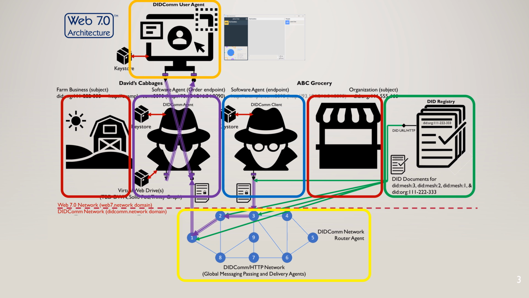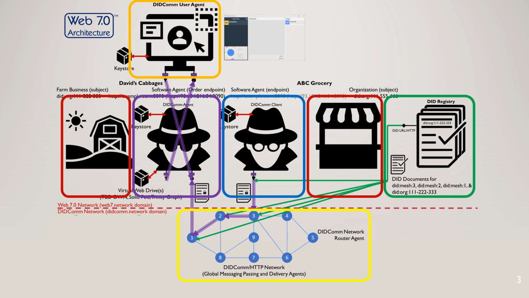These are what we call personifications. The barn on the left, the farm business, is a personification of the DIDComm agent in the purple, and the red ABC grocery personification is a personification of the DIDComm client in the blue box.